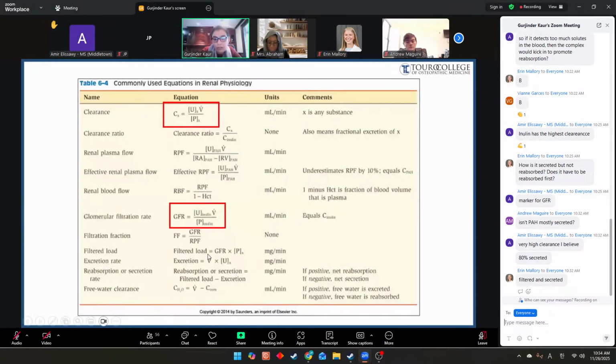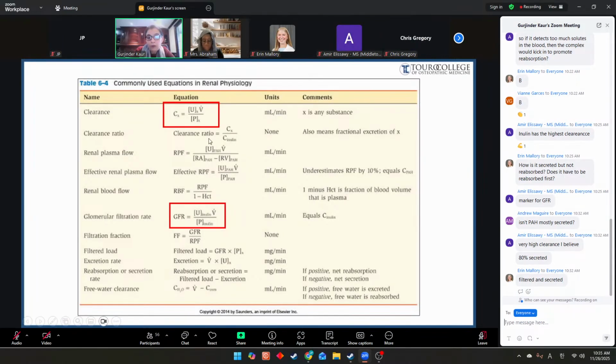Yeah, so that's what I was talking about. If you really want the golden value of your renal plasma flow, you want to know what you injected in the renal artery. So you have to sample the renal artery, then you have to sample the renal vein, which is very difficult to do, right?